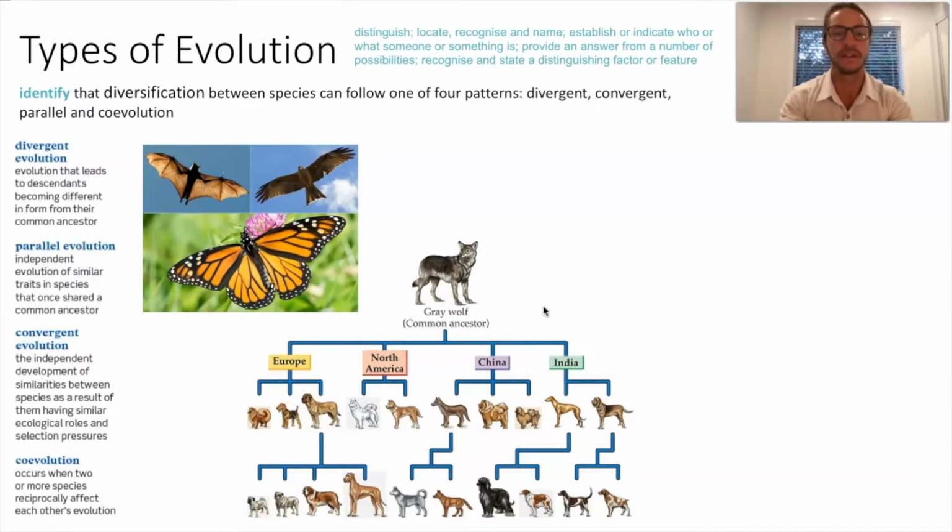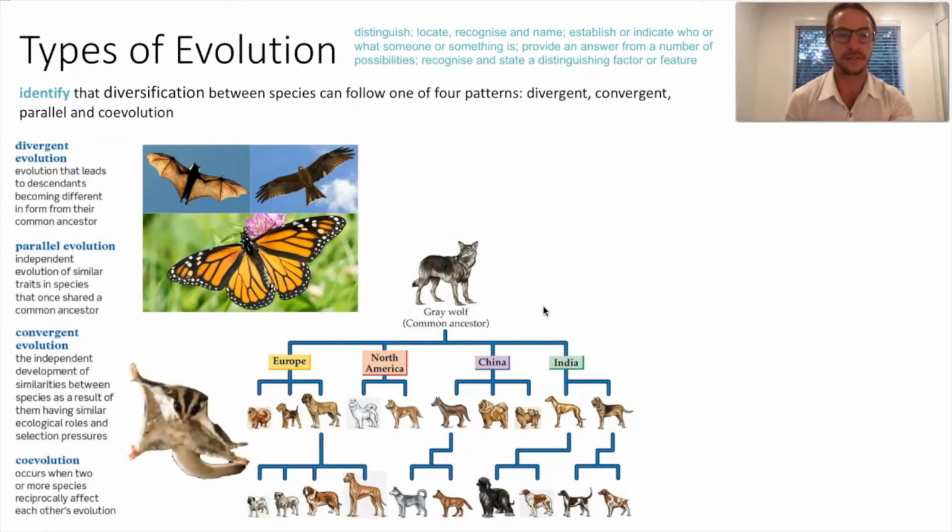Parallel evolution occurs when two species that share a common trait due to a common ancestor evolve similar traits but independent of one another. That is often due to similar environmental pressures, and a common example of parallel evolution is the marsupial mammals of Australia.